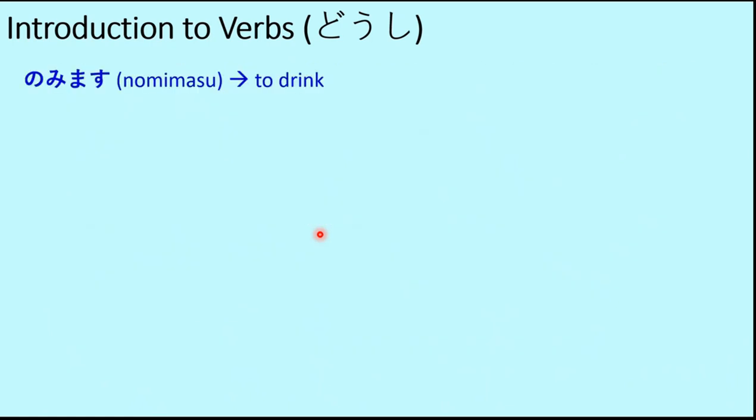So now let's look at some common verbs. First one is nomimasu, which means to drink. The root verb, you can guess, is nomu. So this is a category 1 or group 1 verb. Nomu in polite form becomes nomimasu, to drink. Taberu becomes tabemasu, to eat.